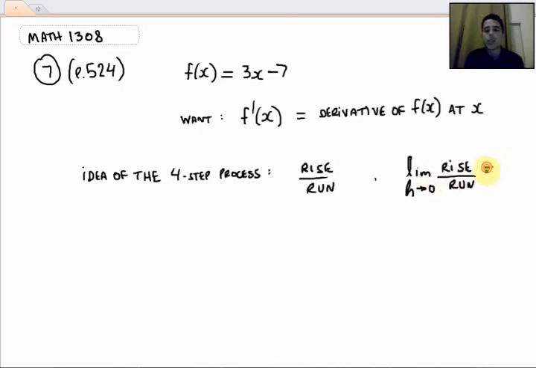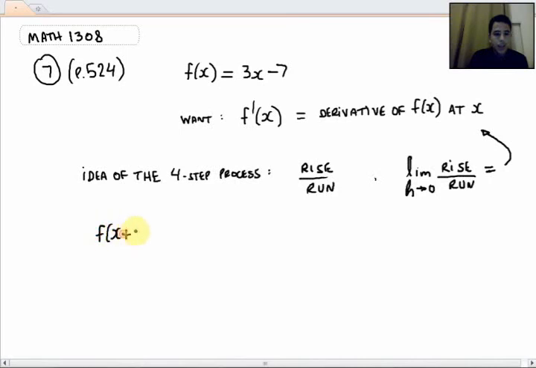Okay, so this is what they want. Alright, the first step in that 4-step process is to figure out f of x plus h.